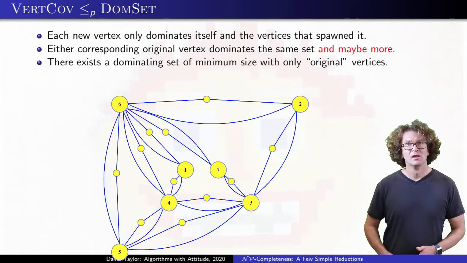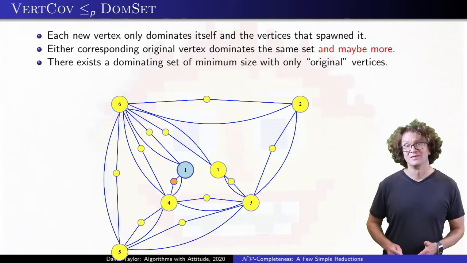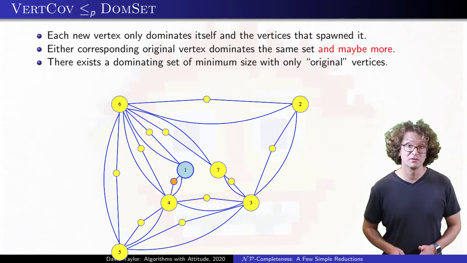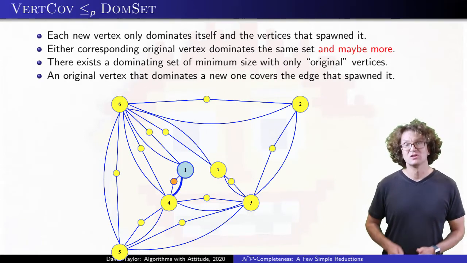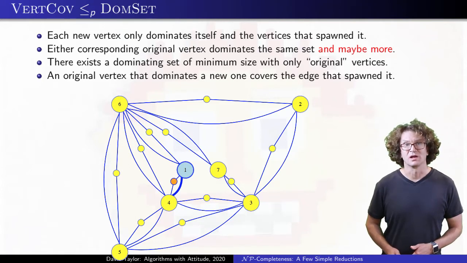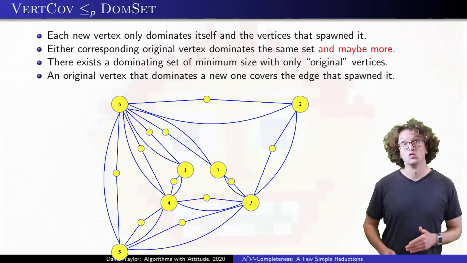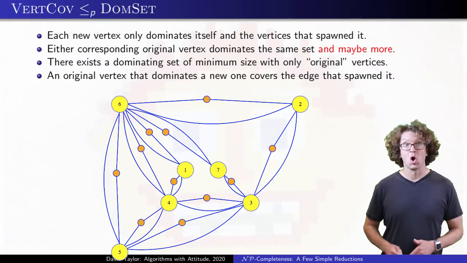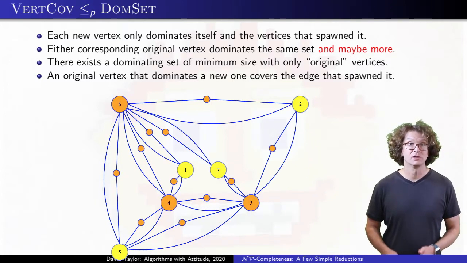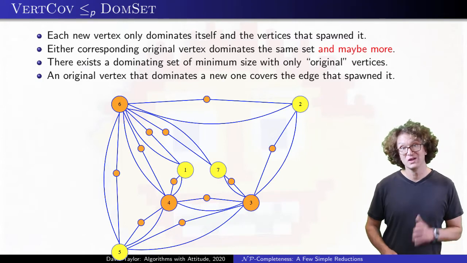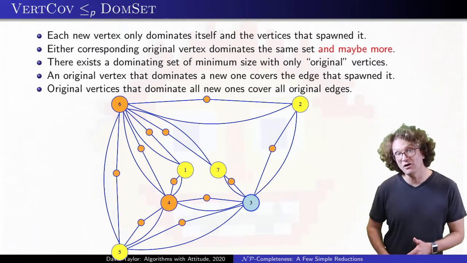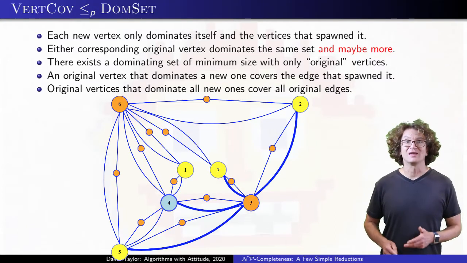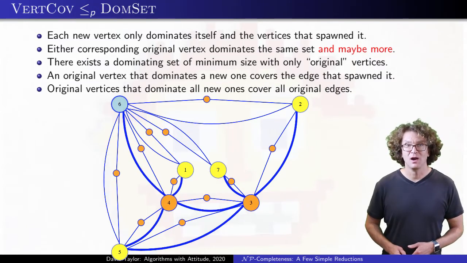But notice, if we have a vertex that dominates a new vertex, it covers the original edge that spawned that new vertex. A set of original vertices that dominate all of the new vertices, like 3, 4, and 6, will also dominate all the other original vertices, but they also must cover all of the edges taken directly from the original graph.